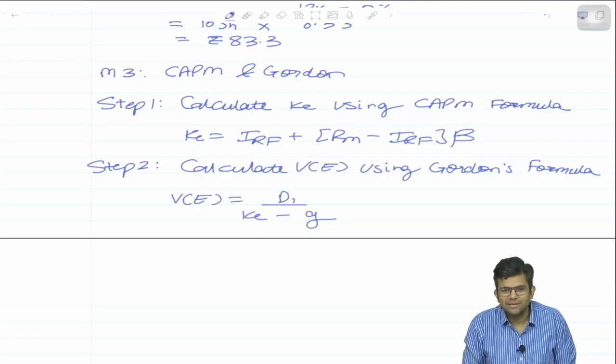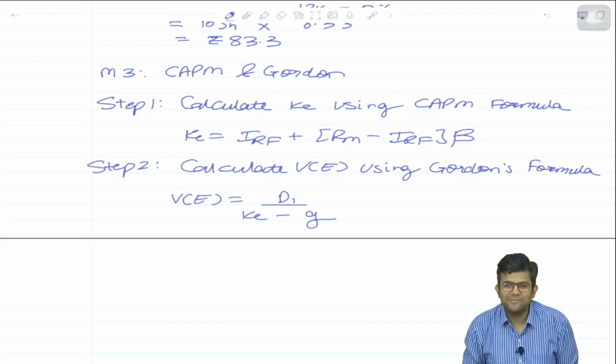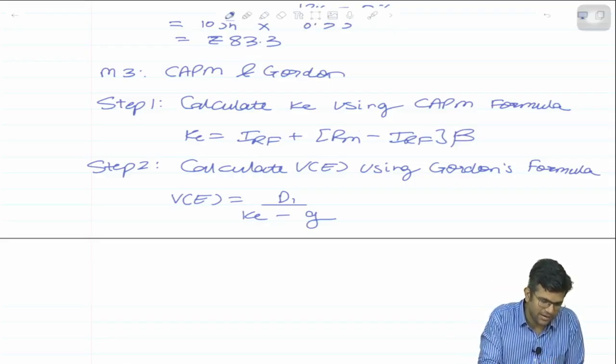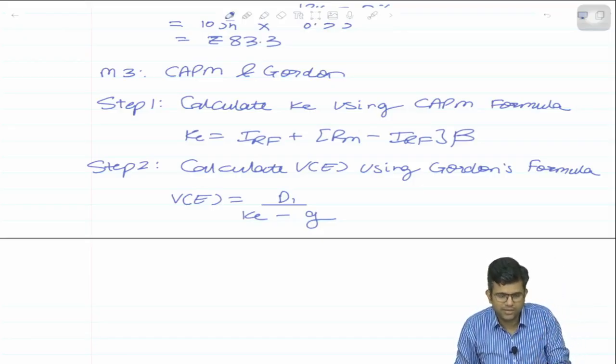They will give you D1, they will give you G, they will not give you K. But they will give you IRF, RM and beta. So no problem, we will first find KE and then we will do the valuation. In our book, I have taken and kept ICAI questions, there are 3 such questions.